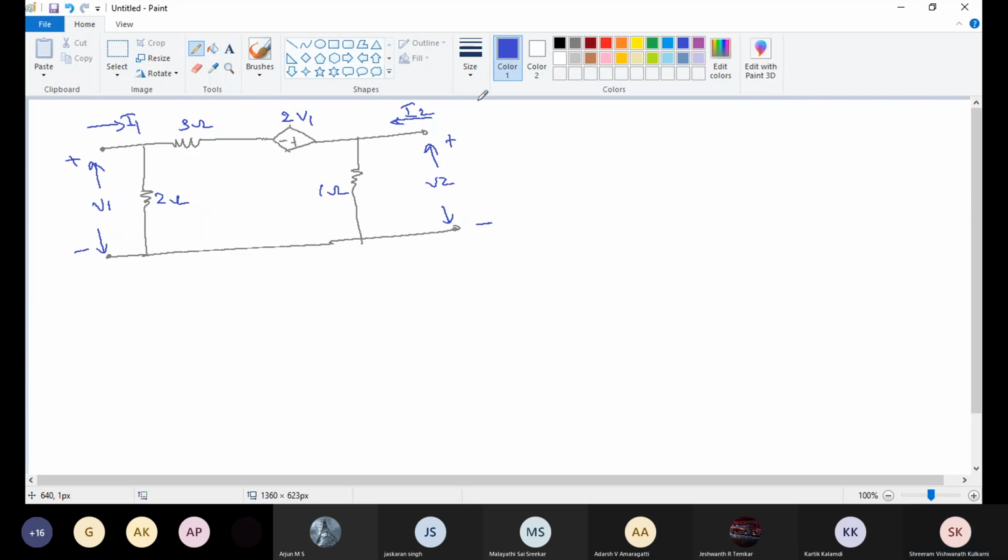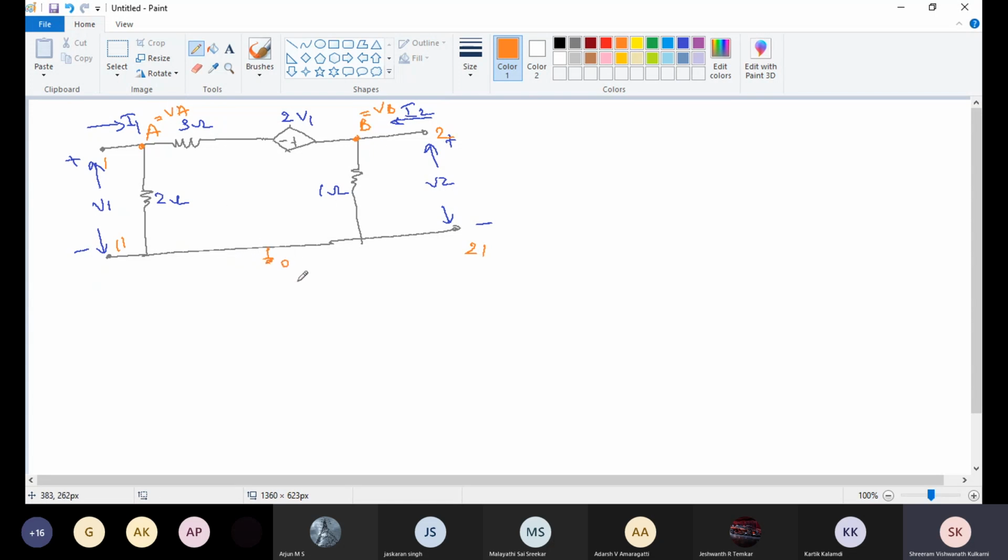First step. Determine Y parameters for the network shown. First step is to mark all the nodes: 1, 1 dash, 2, 2 dash, A, B. At this node VA, at this node VB, node voltages VA and VB.